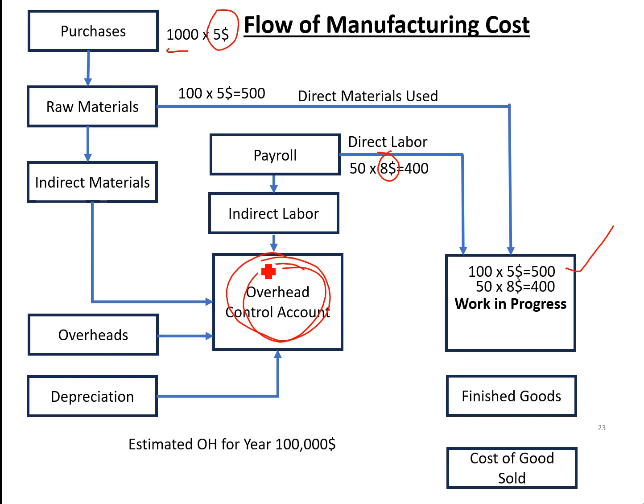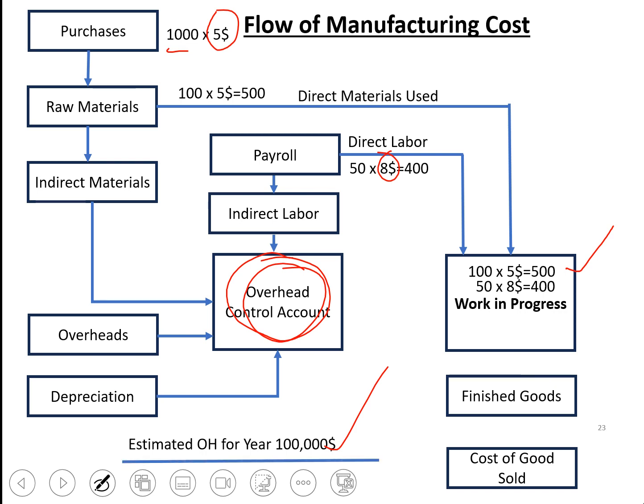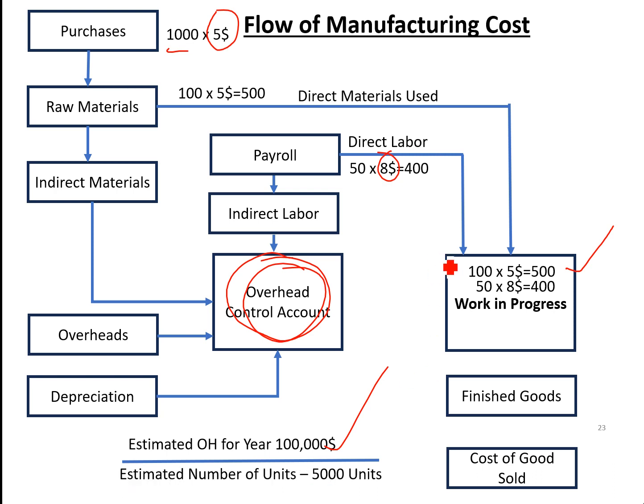From the beginning of the year, I have estimated that my total overhead, including everything, including rent, including insurance, including supervisor's salary, whatever it is, for the year is going to be 100,000. And you are going to make 5,000 units. So you are spending $100,000 in terms of overhead and you are going to make 5,000 units.